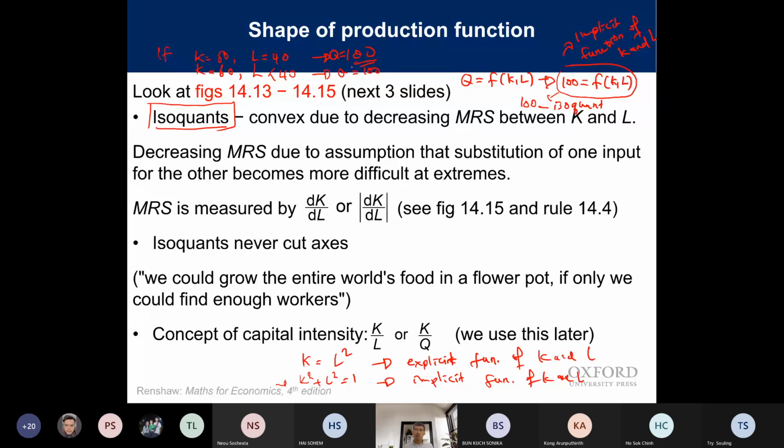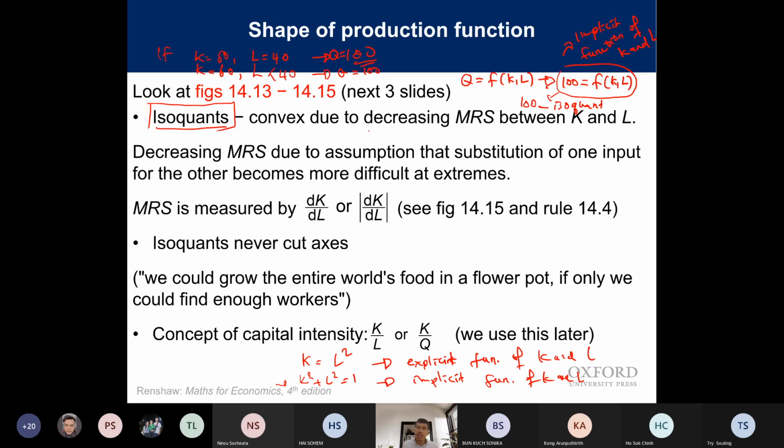So this is of course the isoquant, the function of K and L. So what should it be? Should it be a decreasing function or an increasing function? I mean, just focus on the relationship between K and L, or just simply say the 100 isoquant.